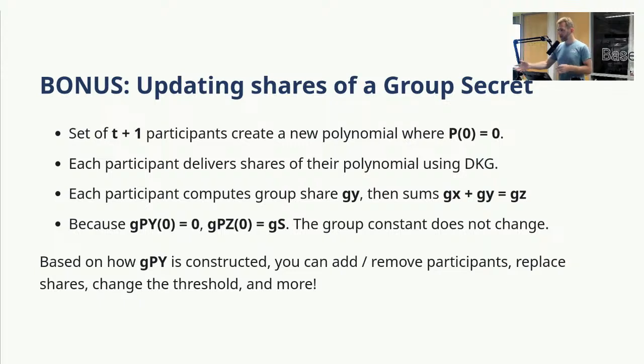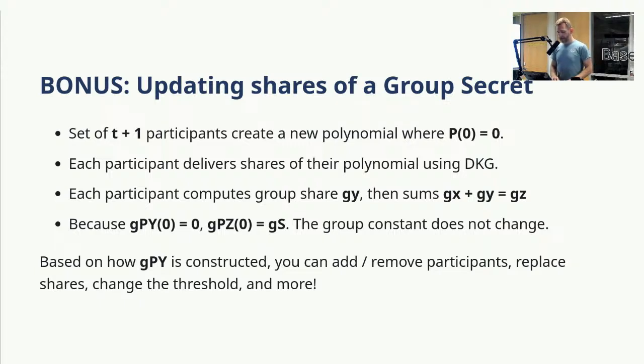You can change the threshold. You can perform the DKG protocol where you include new people or you kick out other people, or you can change terms, you can change the threshold, you can do all that other stuff. Just make sure that when you're generating these secrets, the secret is 0. So you're still generating a polynomial, but the root secret for that polynomial is 0.